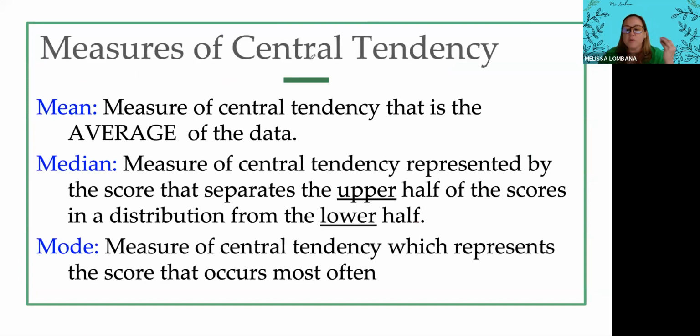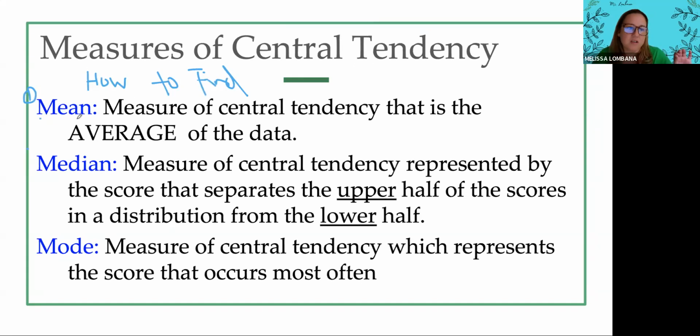How do we measure the middle numbers? By these three things, and you're going to need to write that. So write the subtopic: how to find the measures of central tendency.